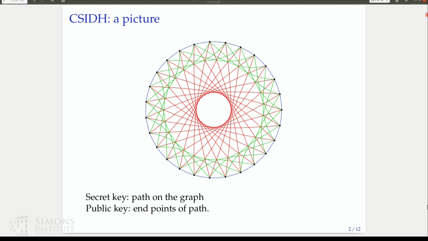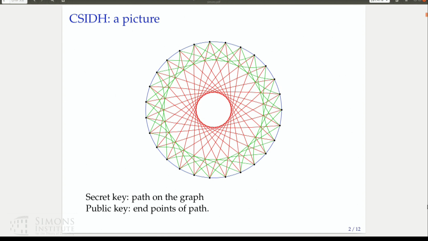And on a very high-level view, you can think of your secret key as being a path in this graph. Of course, this is a small example. In reality, your graph will have considerably more nodes than whatever this is, 30 or something, an exponential number of nodes, and your public key will be the endpoints of that path.